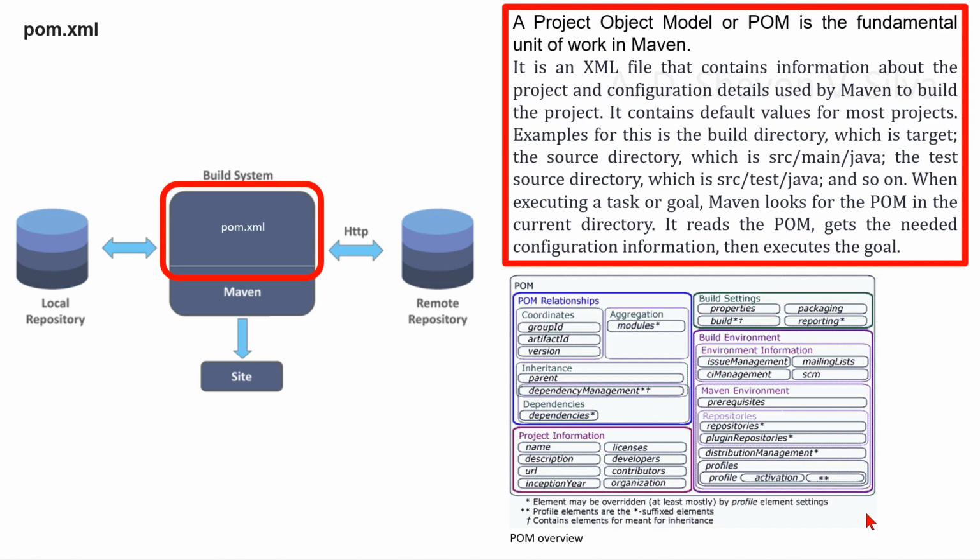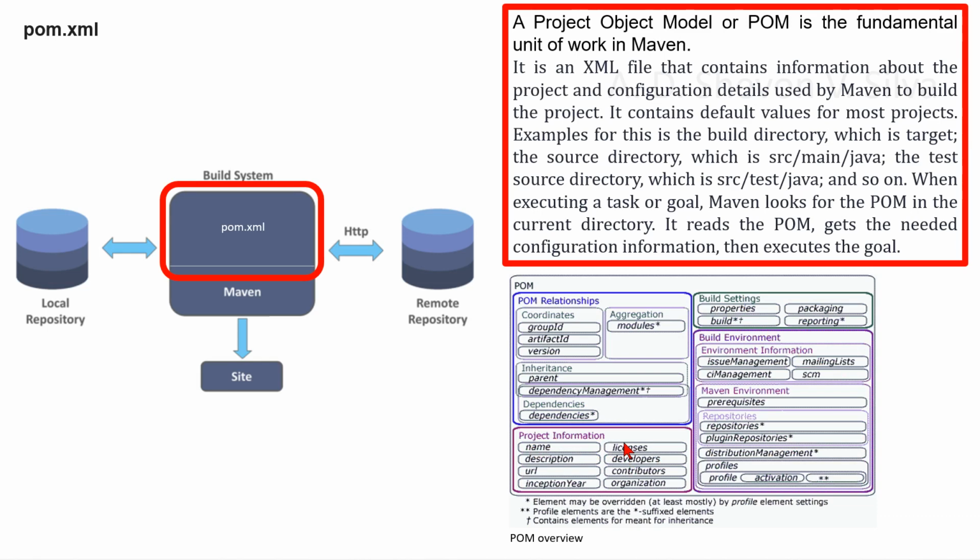POM contains 4 categories of description and configuration. The general project information.